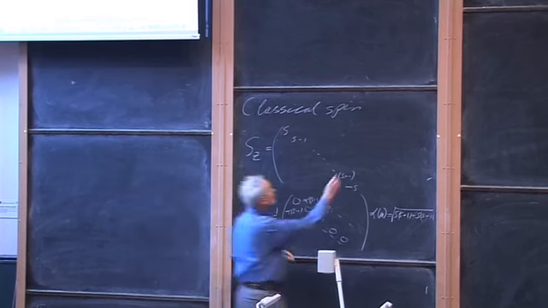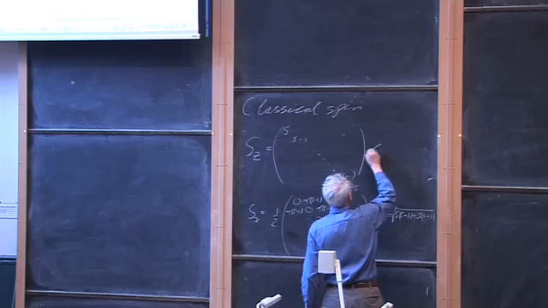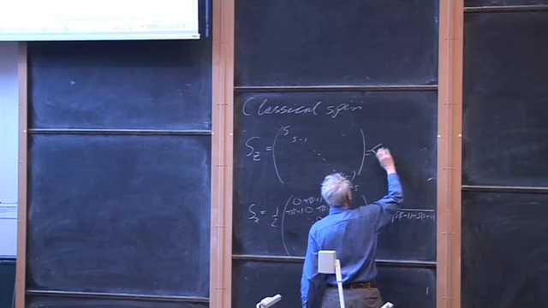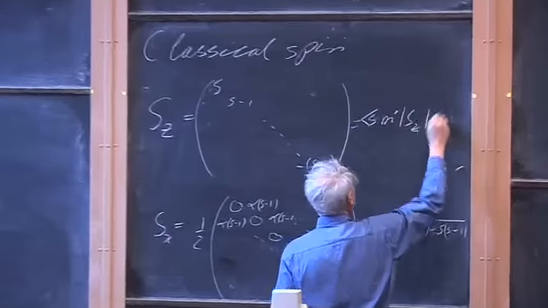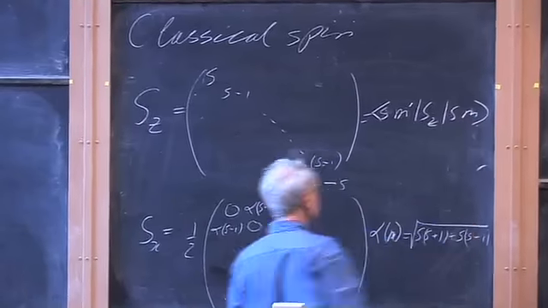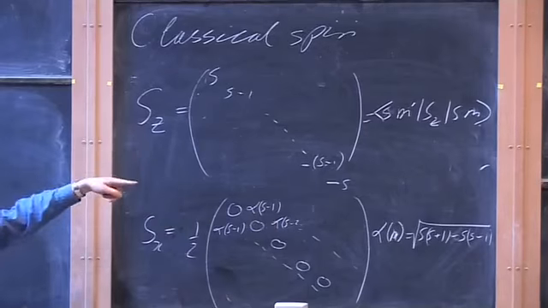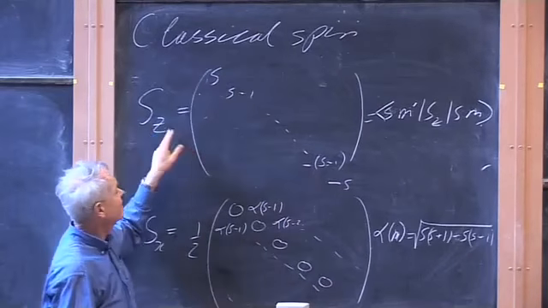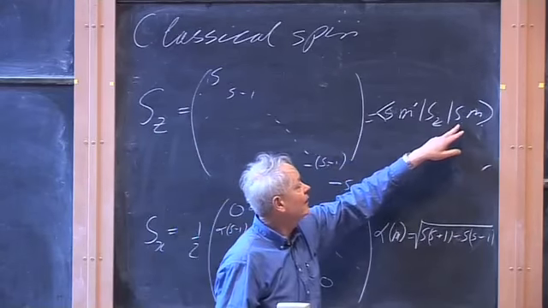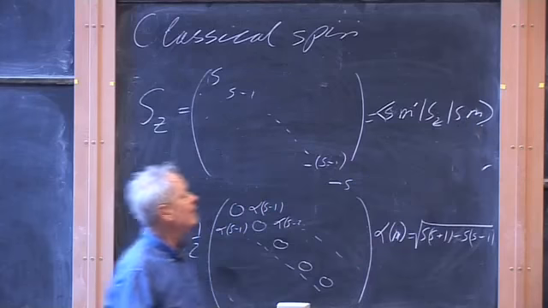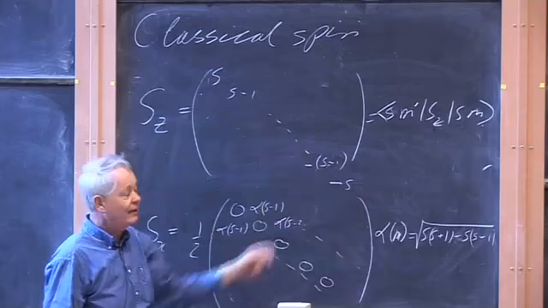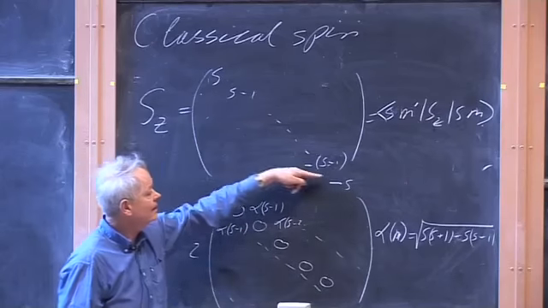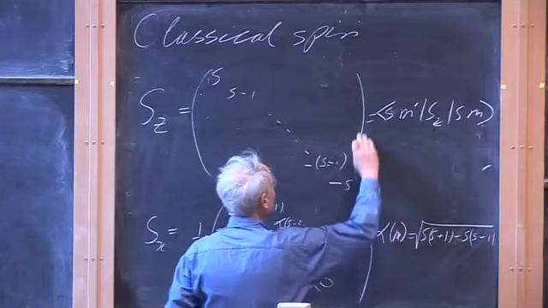So this is the matrix made up of ⟨s, m'| Sz |s, m⟩. And it's very straightforward to work out what these numbers are. They're perfectly trivial in the case of Sz, because this is an eigenstate of that operator with eigenvalue m, etc. So we just have down the diagonal the possible allowed values of m, which range from s to minus s. So this is the bottom of that matrix.